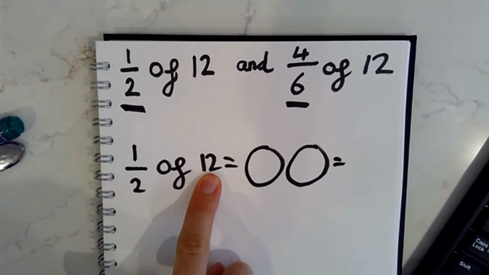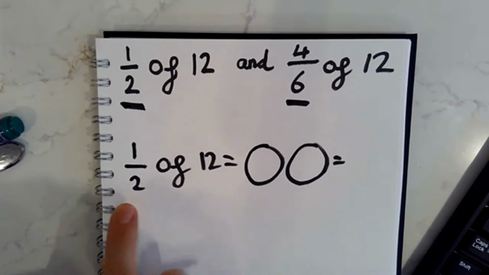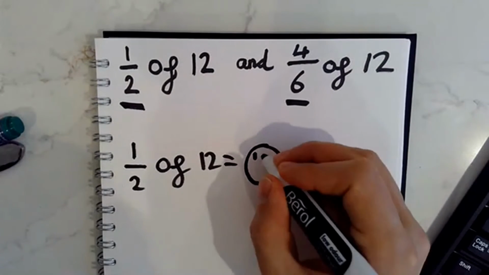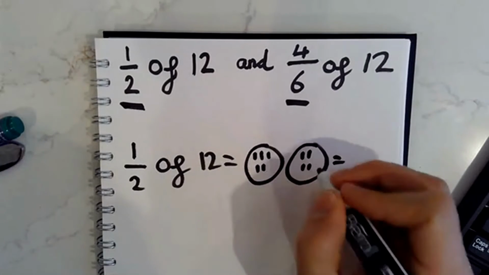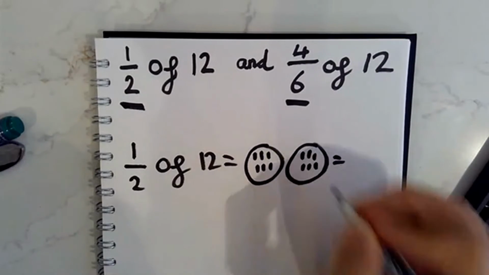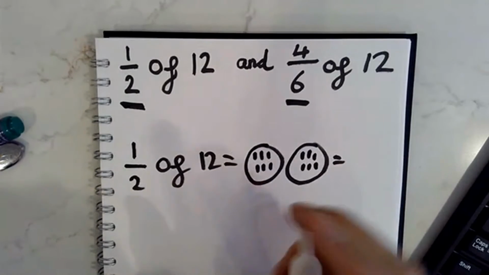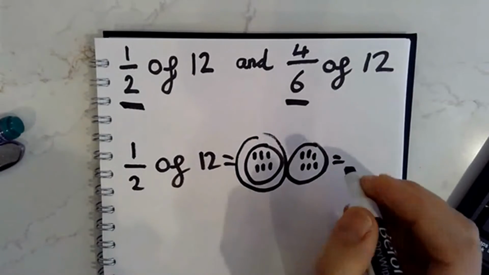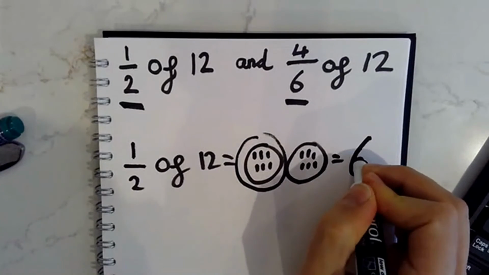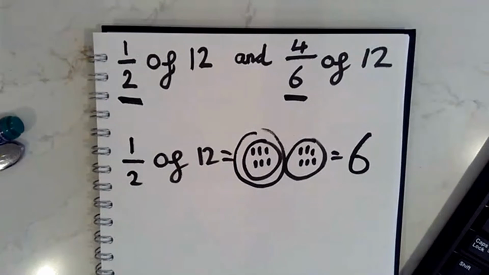So I'm going to share my 12 equally into 2 groups because my denominator is 2. 1, 2, 3, 4, 5, 6, 7, 8, 9, 10, 11, 12. So I know 1/2 of 12, I want one of these halves. It is 1, 2, 3, 4, 5, 6. Okay, 6.